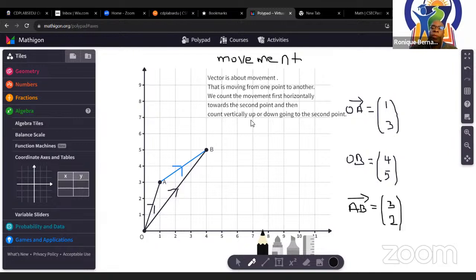Let's try another one, and then you guys will tell me what that vector is. Then I have a question to ask after that. All right. Now, let's say that we plot another vector.